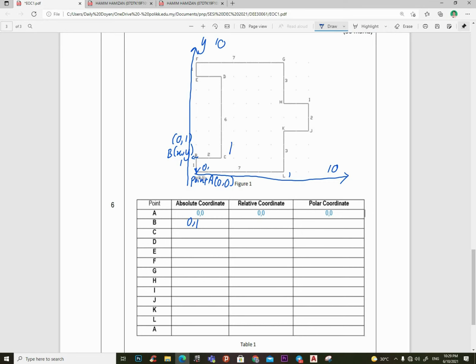Okay, for point C, look at the x-axis. The value of x-axis is 0, 1, 2, equal to 2, and the value of y-axis is also equal to 1. So the answer will be 2, 1.